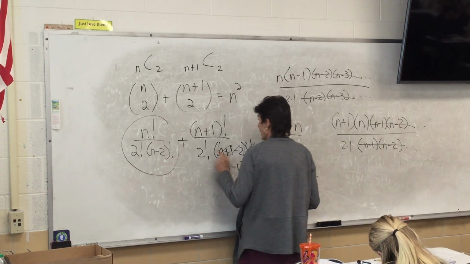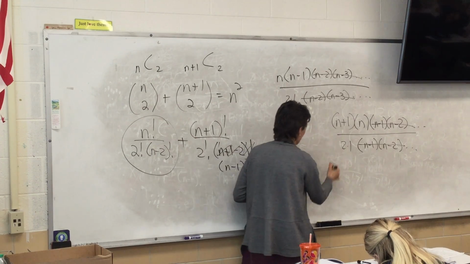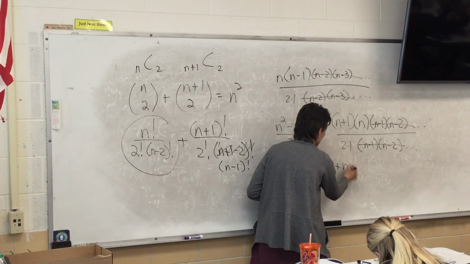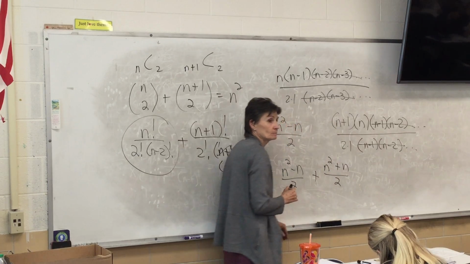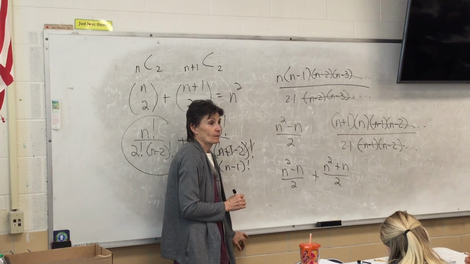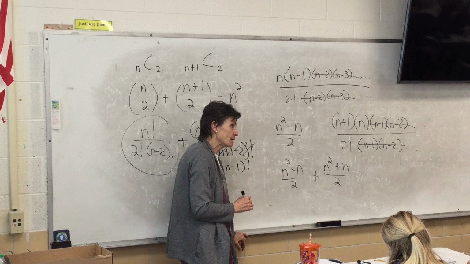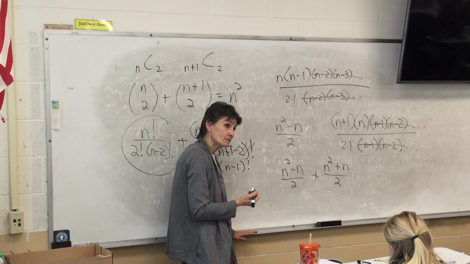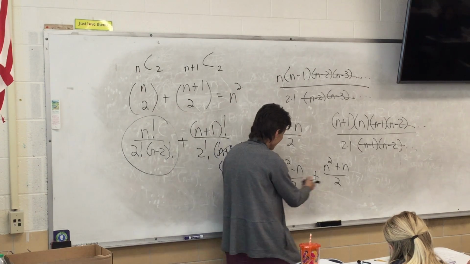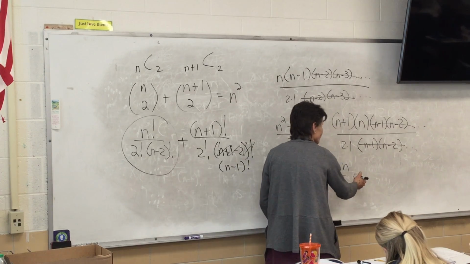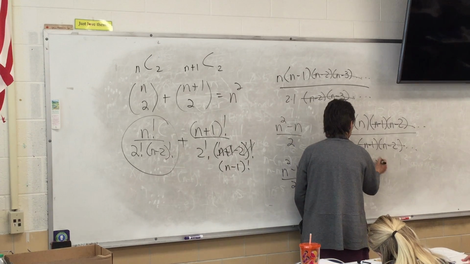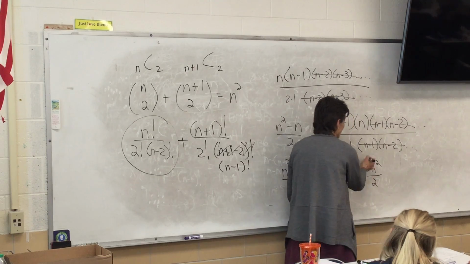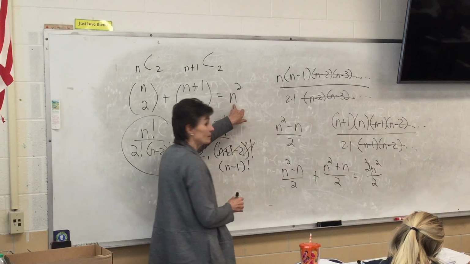From my second fraction, adding them together, I have n squared plus n over 2. Well, I thought I was going to have to get a common denominator, but I already have it. So what happens when I add these together? 2n squared over 2, which is just n squared.